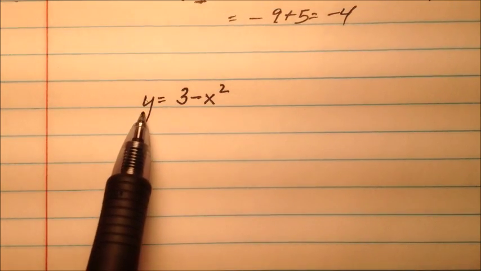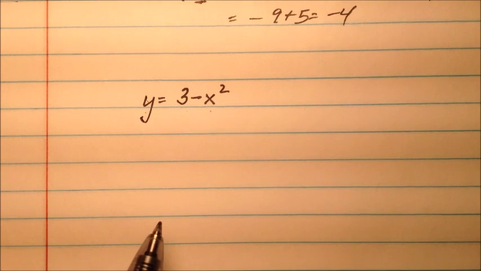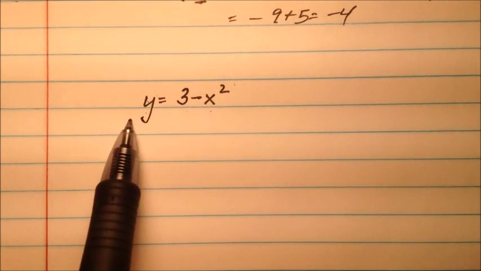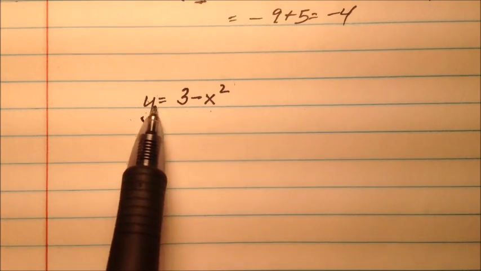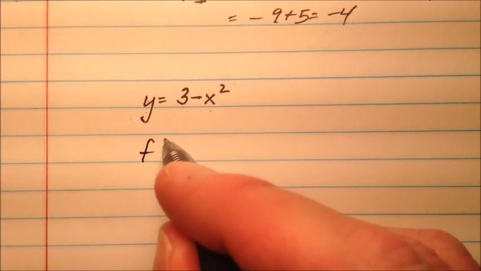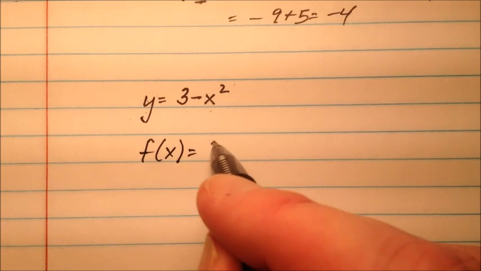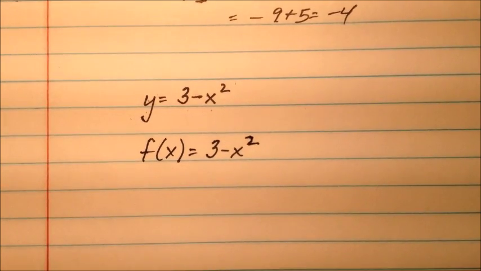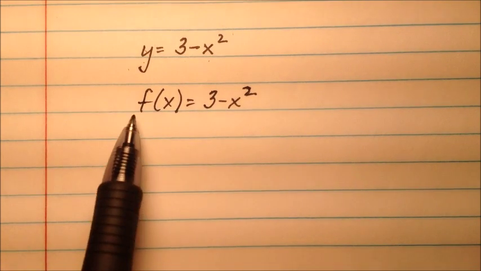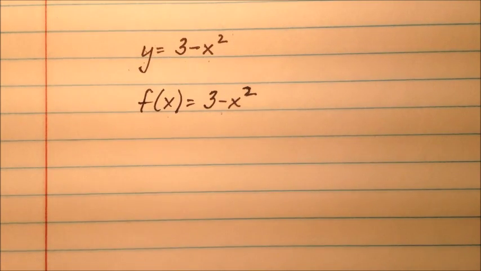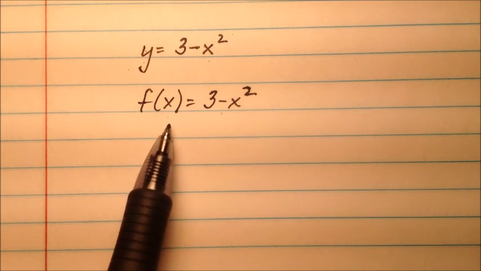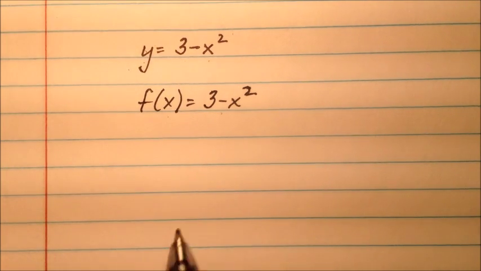Another example is that we have y equals 3 minus x squared. And again, this is in explicit form since y is all by itself. So we can simply exchange the y for f of x and then complete the right side of the equation with what we had before. So now in our function notation we have f of x equals 3 minus x squared. This is nice because, as we did in the previous example, we can substitute values for x.